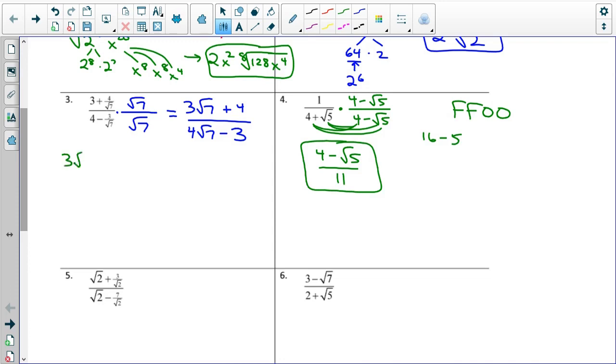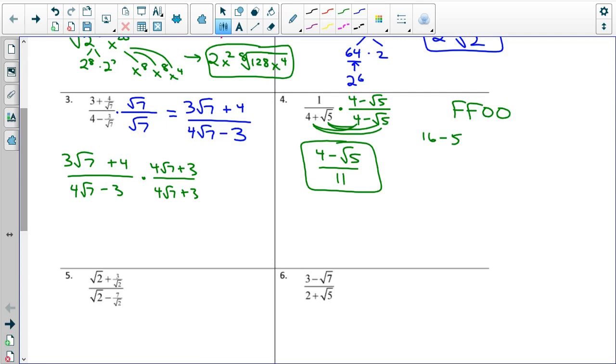Since I know that now, I'm going to come back to problem number 3. I'm going to choose an intelligent FFU. So 4 root 7 plus 3 is going to be the FFU that I choose. As I distribute the denominator, 4 root 7 multiplied by itself becomes 4 times 4 times 7, because root 7 times root 7 is just 7.